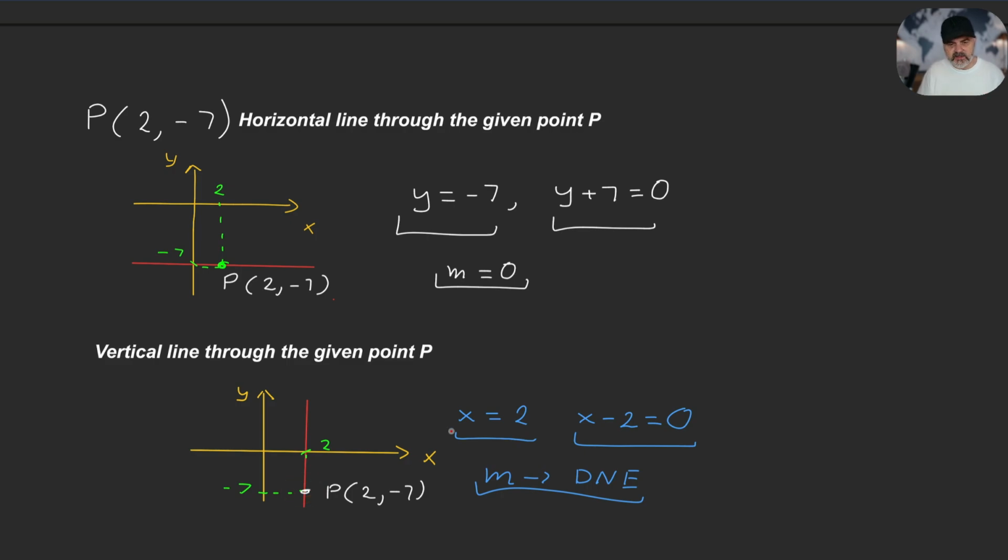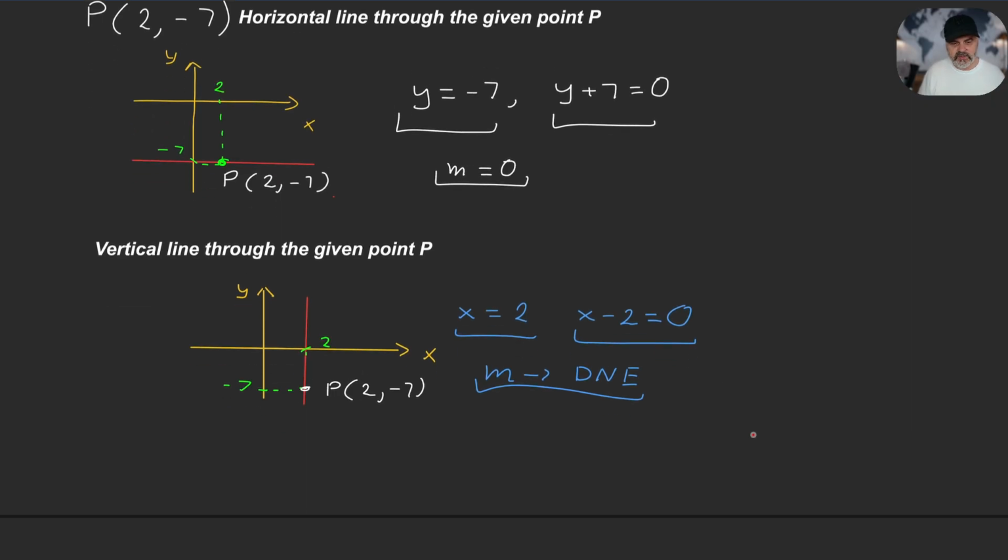It is represented by an equation because it's a relation, but it's not a function. And you can use the expression x is equal to 2 and add the information that this is a vertical line, or you can say x minus 2 is equal to 0, which will be a more obvious statement for the vertical line. So hopefully now everything is clear and you understand the difference between a vertical and horizontal line.